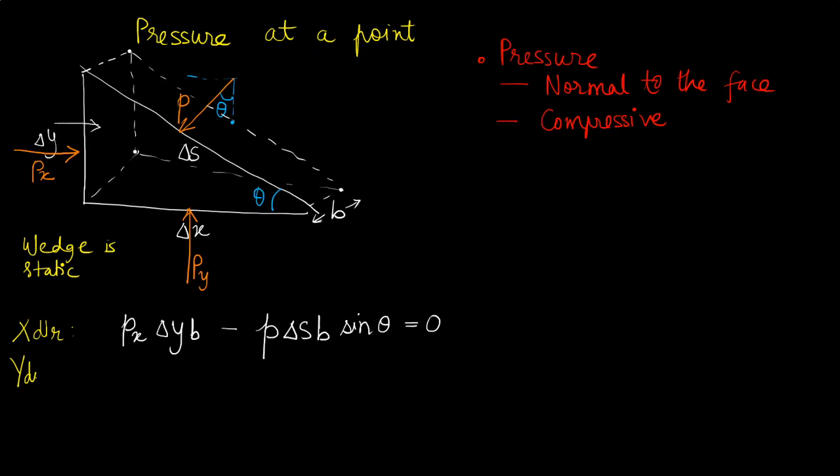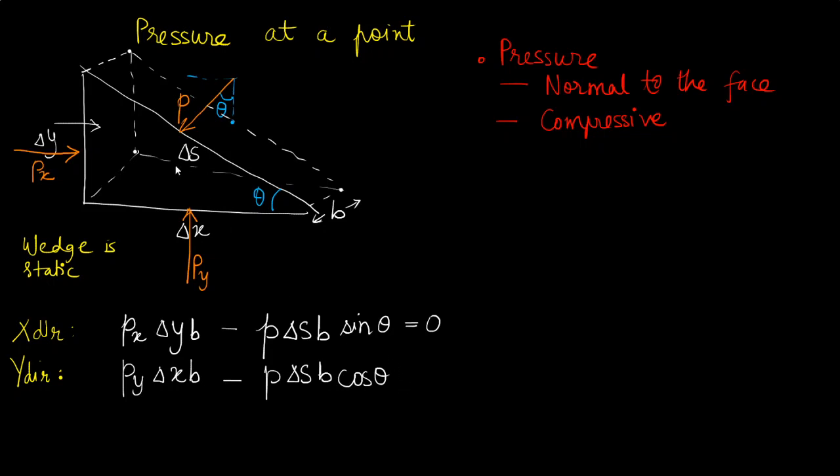In the y direction balance, we will have Py times the area over which Py acts, which is delta x times b, which is this base area, minus, so the force due to this pressure acts in the negative y direction, so that will be P delta s b, but now the cos component of this particular force.